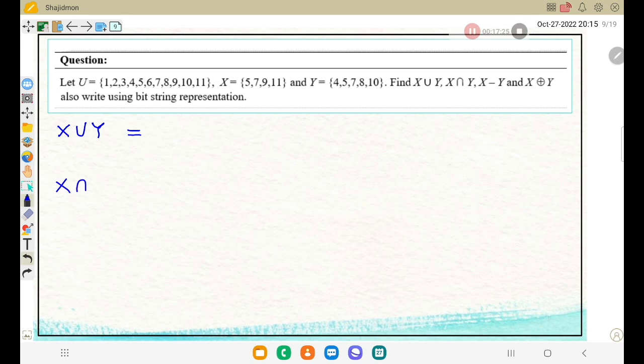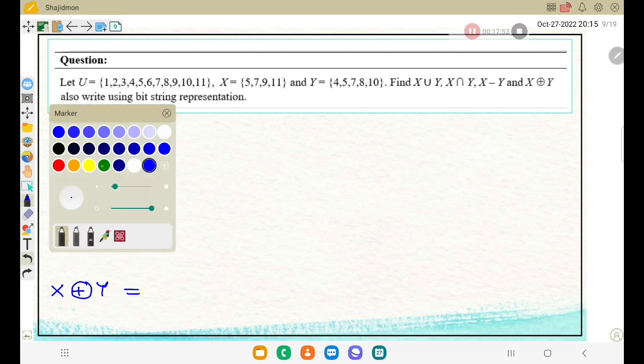Then X intersection Y. Then X difference, X minus Y. Then X symmetric difference Y. These 4 questions we need to answer. After that, write the answer using bit string representation. Okay, write the answer using the bit string representation. This is the question we need to do here.